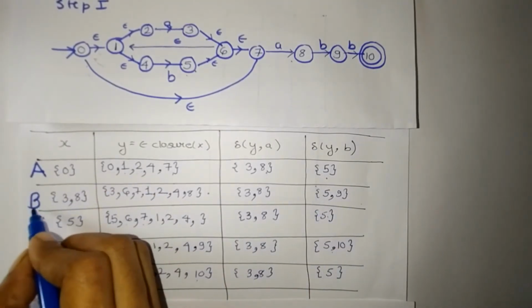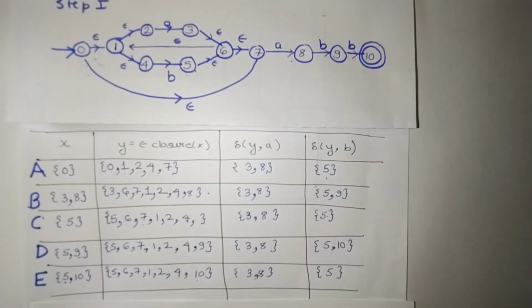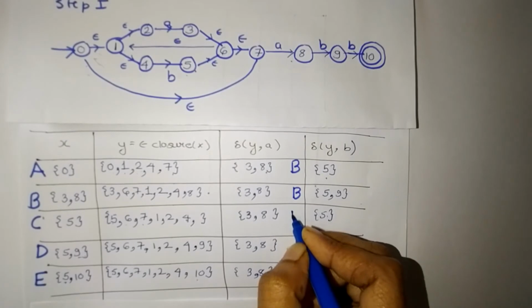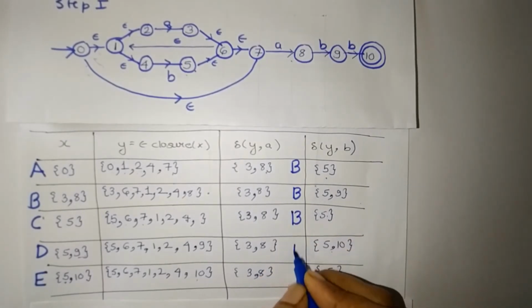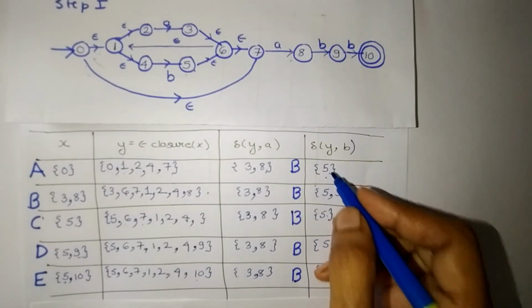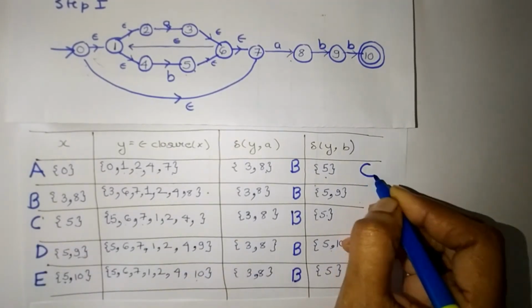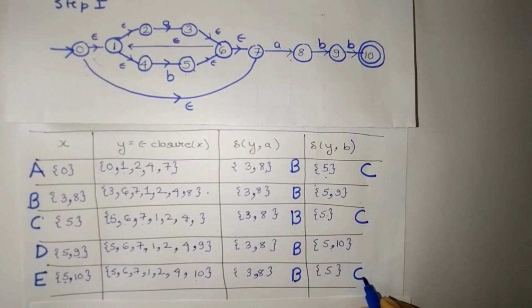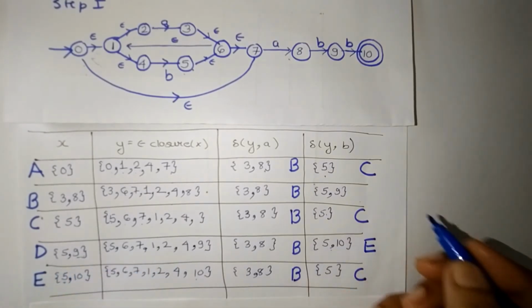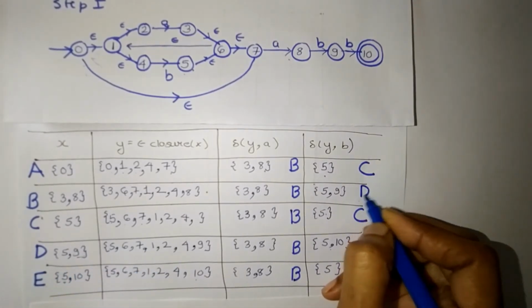So 3 and 8 is represented with the help of B. Wherever there is a 3 and 8, I am writing B. Anywhere else? No. For 5, C. For 5 and 10, E. And for 5 and 9, D.